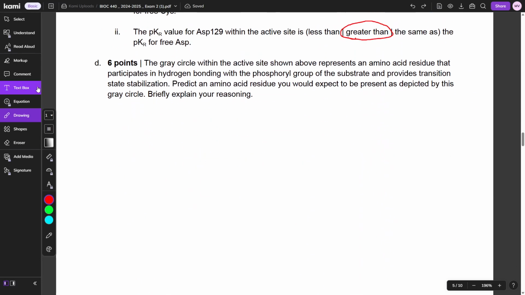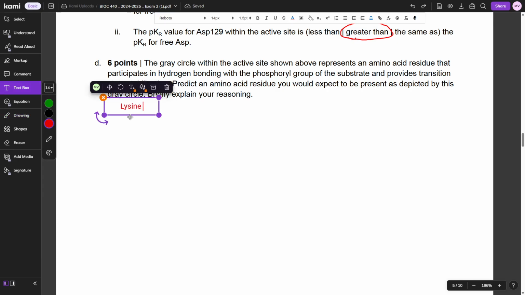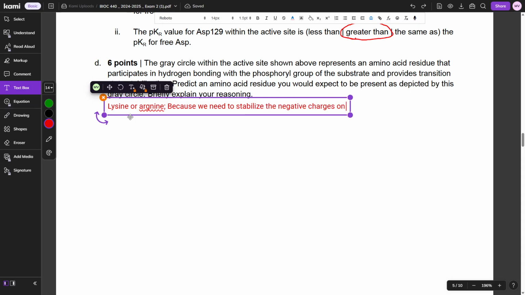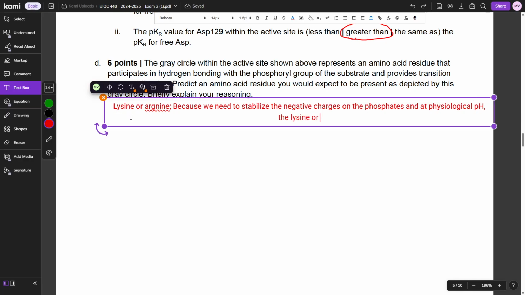So I would say here, lysine or arginine. You can pick whichever one you want. Why would I say that? Because we need to stabilize the negative charges on the phosphates, and at physiological pH, the lysine or arginine is protonated.